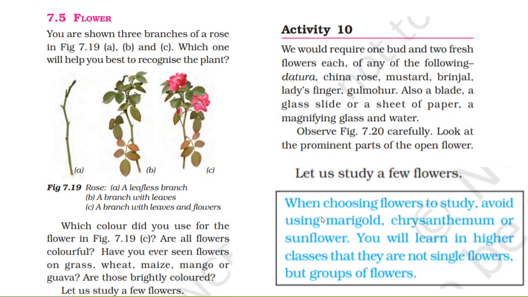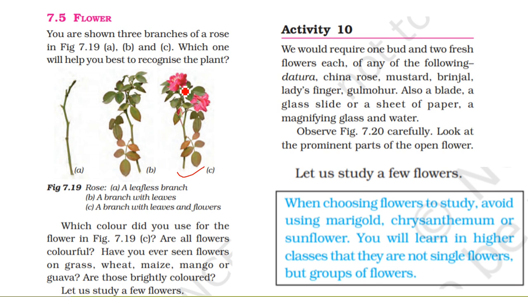Now let us elaborate flower. You can observe three diagrams in front of you, A, B and C. After looking at the stem, are you able to identify the plant? I think no. Even after looking at the leaves, we are not able to understand the type of plant we are observing. But once we observe the flower, we are able to directly answer that it is the rose plant, right?